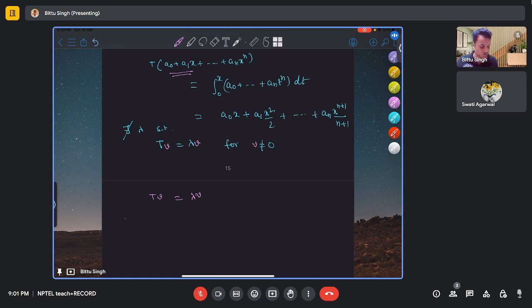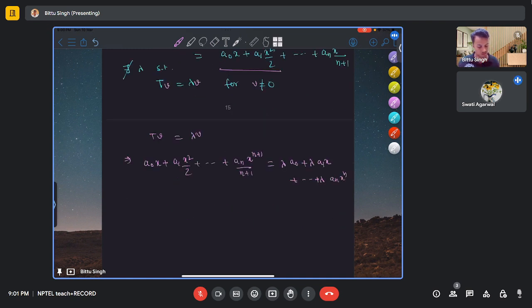So the left hand side will be a0x plus a1x squared by 2 up to an x to the power n plus 1 by n plus 1, and on the right hand side we are getting lambda times a0 plus lambda times a1x up to lambda times an x to the power n, right?